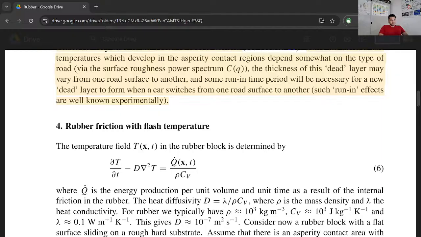Thus, the energy will be dissipated in the asperity in the rubber surface through an element of volume, through a volume of order D cubic, and then see Persson 2006.